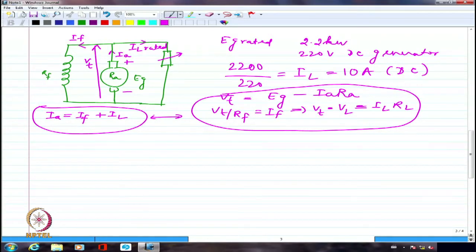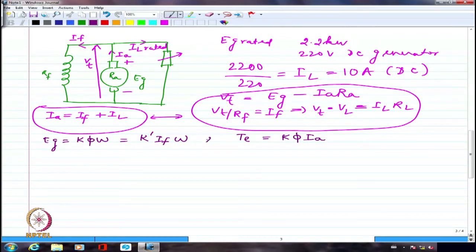Of course, we have the fundamental equation which we initially derived, Eg equal to K phi omega, which is equal to K dash multiplied by IF multiplied by omega, if I assume that at that particular operating point, phi is equal to some constant multiplied by IF. And if I look at the electromagnetic torque generated within the generator, which is actually a counter torque, this counter torque is going to be K phi multiplied by IA.